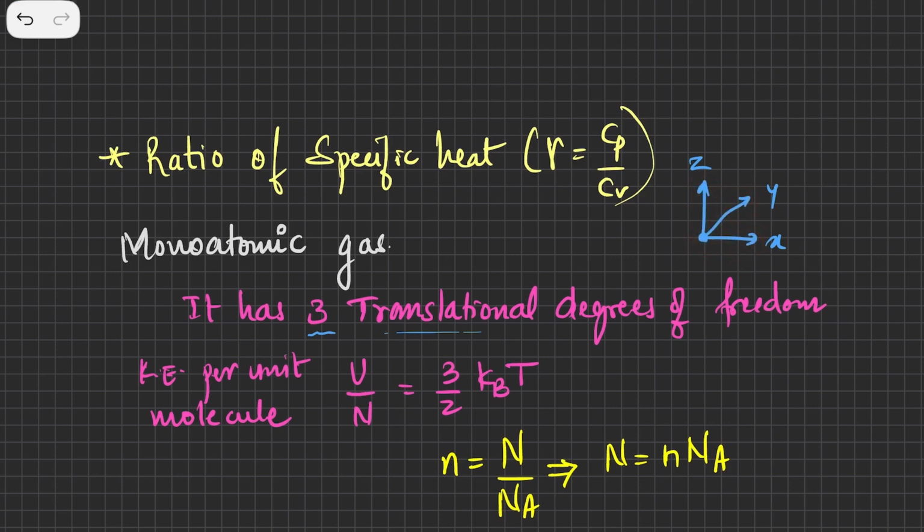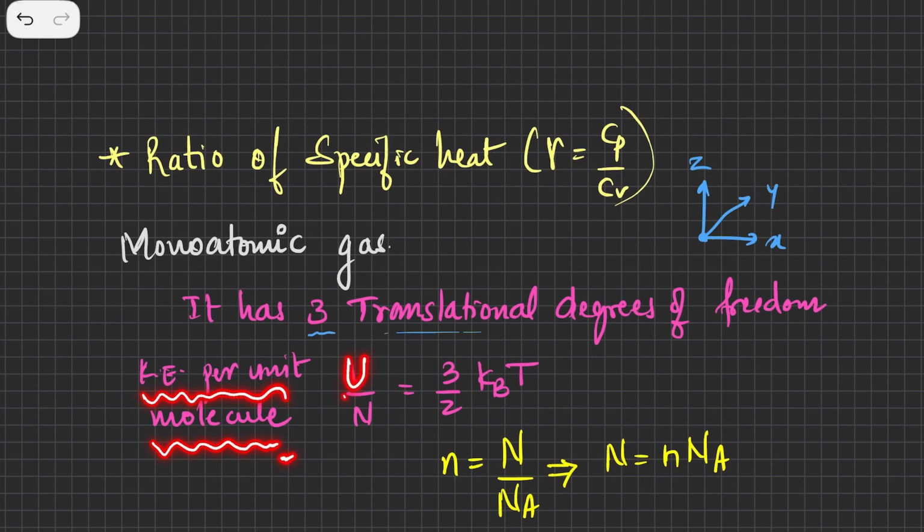So it will have three translational degrees of freedom, as it is moving in three possible directions, but rotational and vibrational degrees of freedom will be absent here, as vibration only comes when there is a bond between two atoms, and rotational only comes when there is a moment of inertia, and moment of inertia would be absent for a single atom molecule.